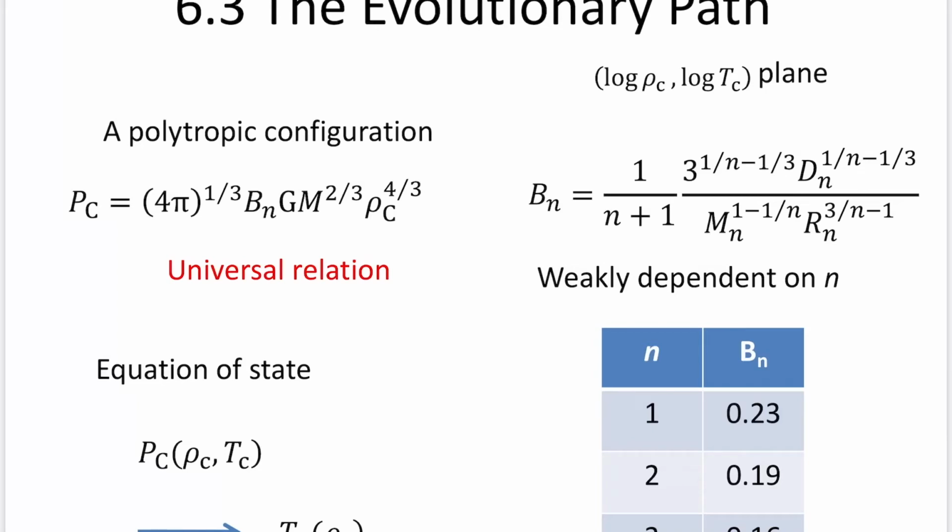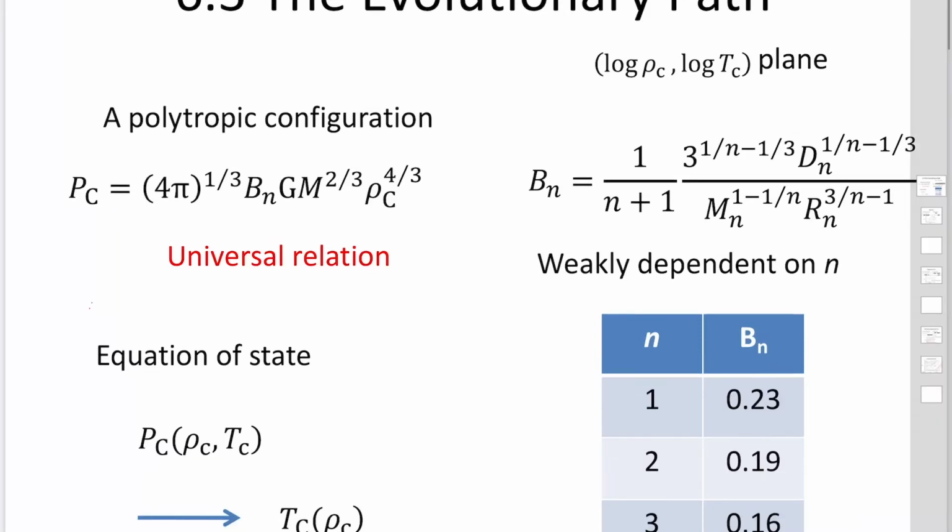In this session, I'd like to explain the evolutionary path of a star. When we studied the polytropic configuration of a star, we discovered that the central pressure of a star is related to the central density of the star using these equations. And B sub n is a really complicated equation.